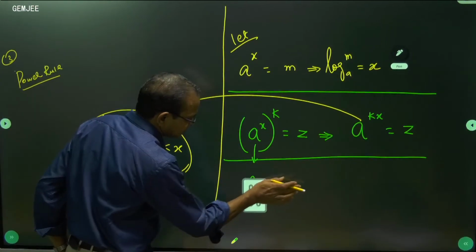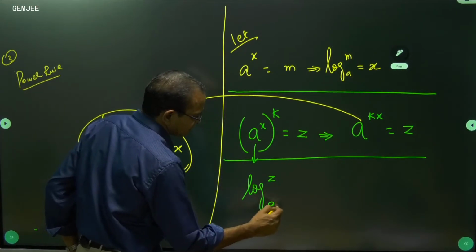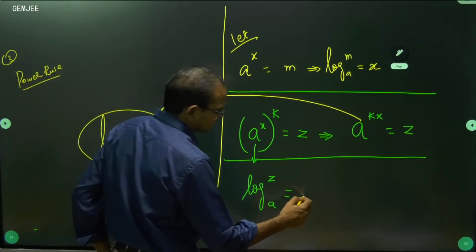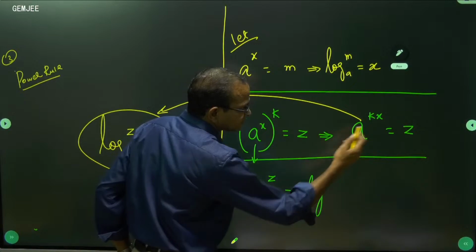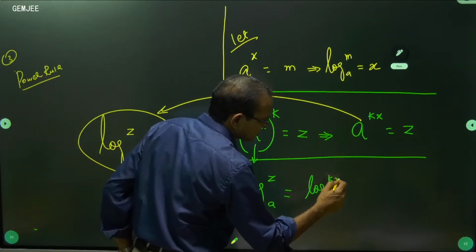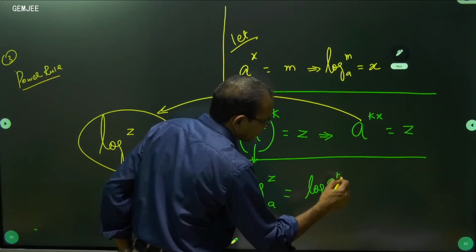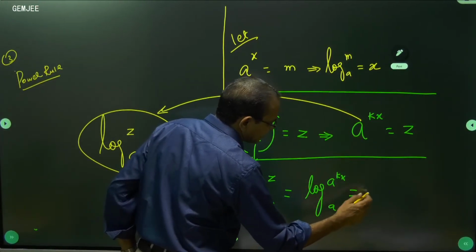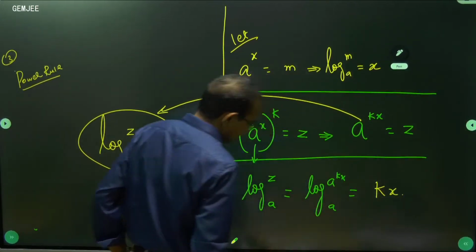Log of z to the base a may be written as, who is z? z is a power kx. So log of a power kx to the base a equals kx.